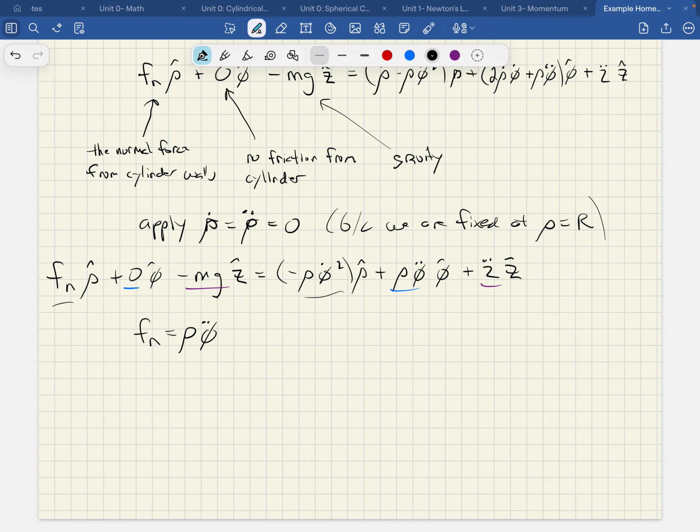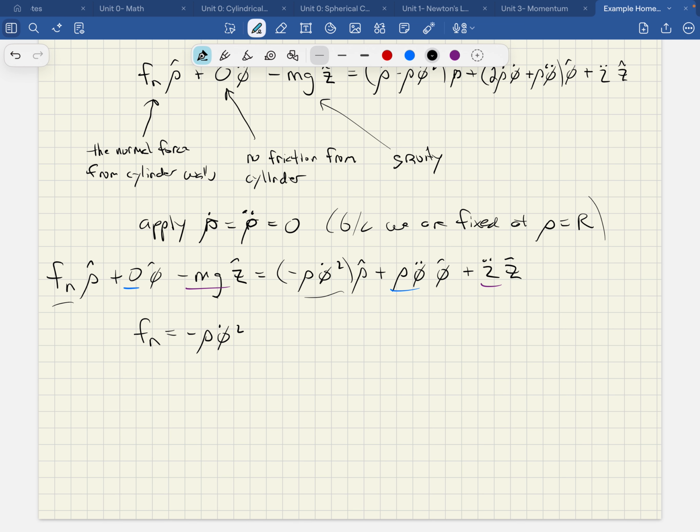So if we find phi double dot, we can find, sorry, that's not right. I took the wrong parts. So the normal force has to equal negative rho phi dot squared. So if we can find phi dot, we can find normal force.